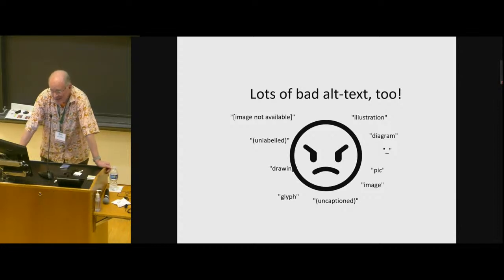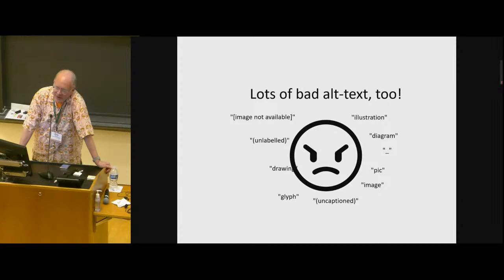Another thing about the alt text in Project Gutenberg is a lot of it's really bad. You know, things like "image not available." I mean, imagine yourself as a blind user going through the book, and all of a sudden it says "image not available," or "pic," or "figure 3."